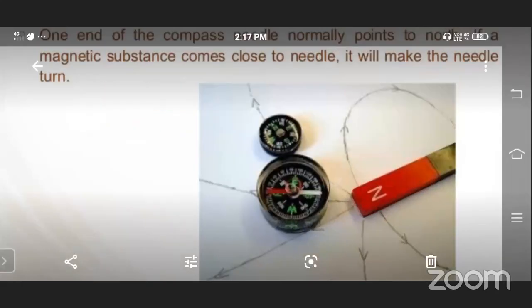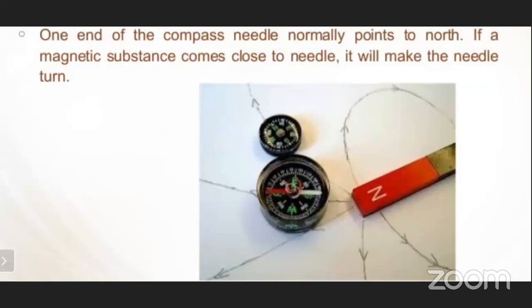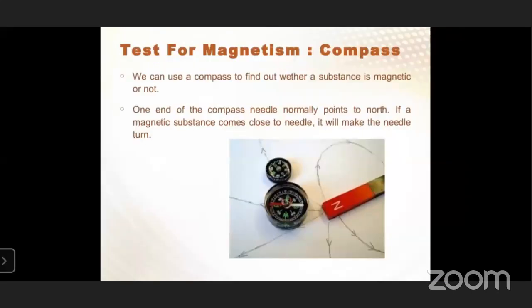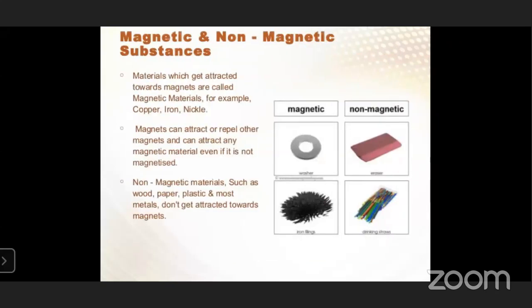Today we are going to learn about the bar magnet and how it works. What is the importance of a bar magnet? Next, I am going to explain the poles of a bar magnet, finding the direction with the bar magnet and the magnetic compass, and attraction and repulsion between two magnets.